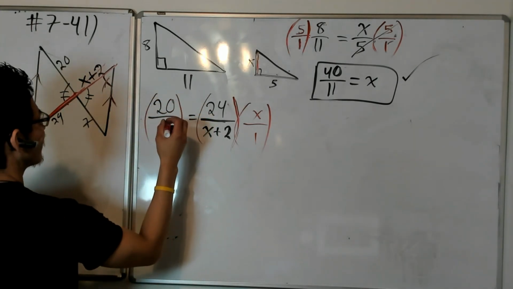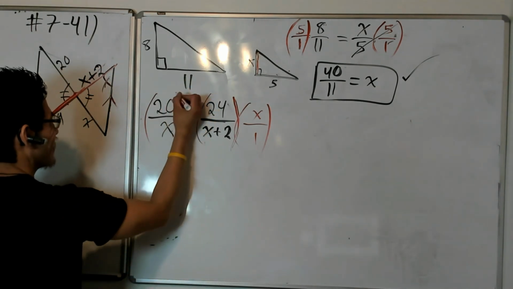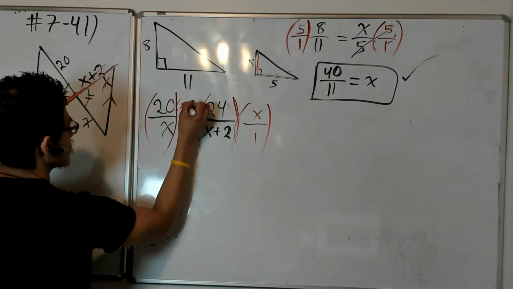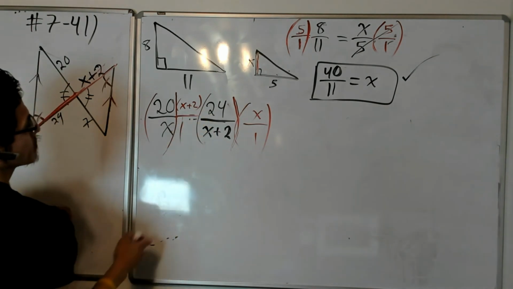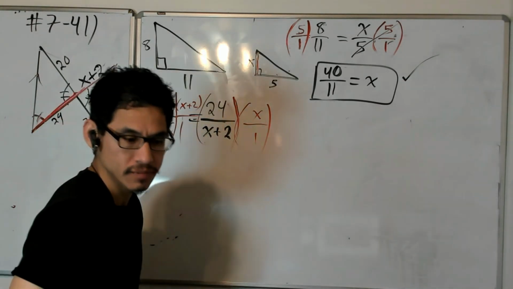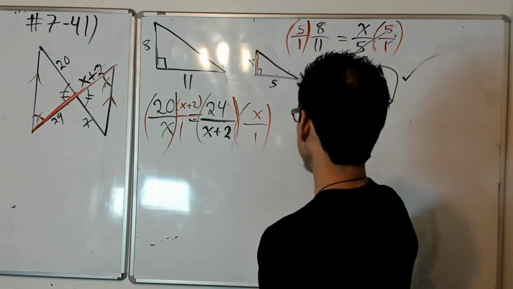It's hard to fit. Cross multiply x plus 2. You know what? I'm just going to rewrite the whole thing here because I don't like the way that looks.